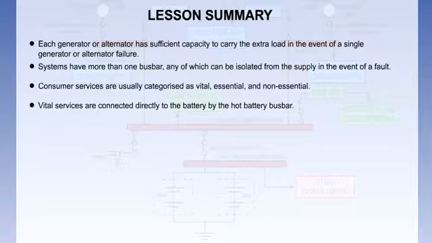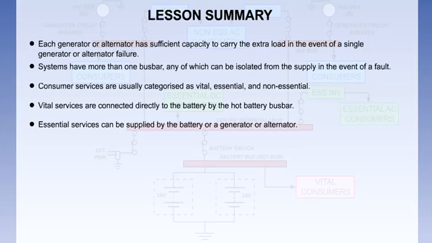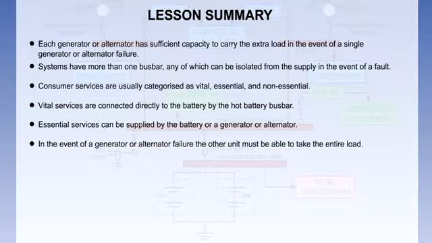Vital services are connected directly to the battery by the hot battery busbar. Essential services can be supplied by the battery or a generator or alternator. In the event of a generator or alternator failure, the other unit must be able to take the entire load.